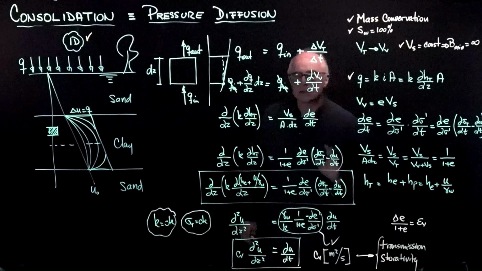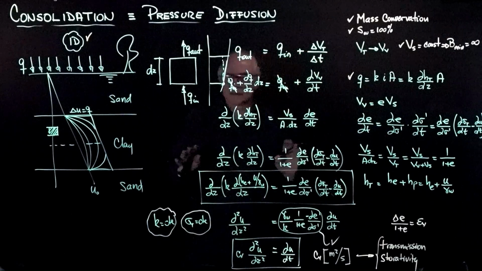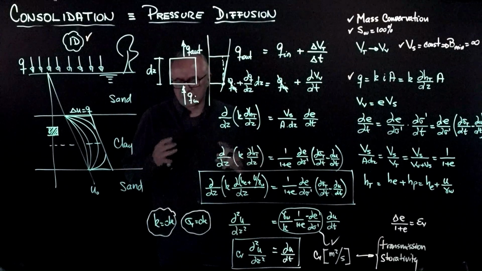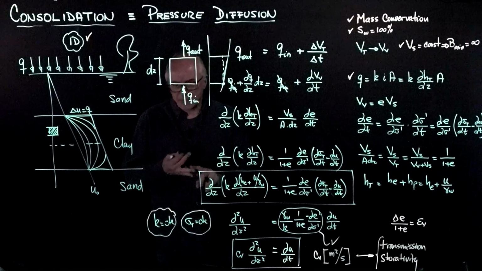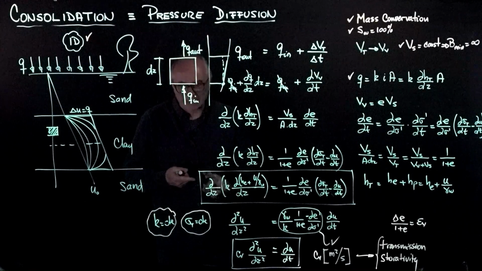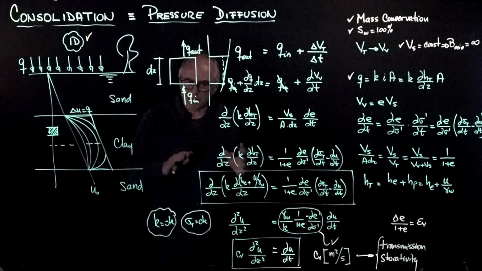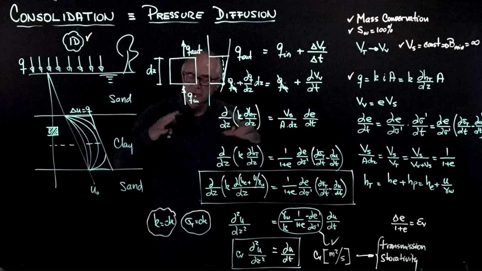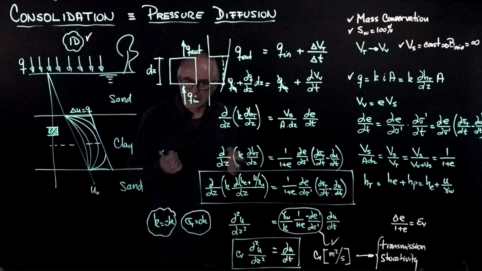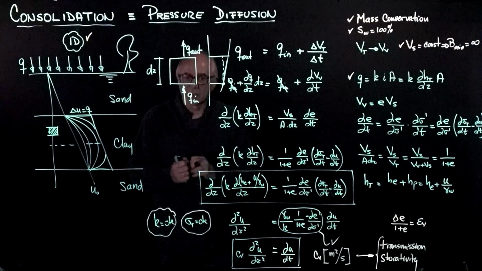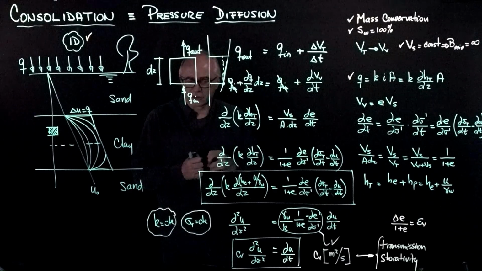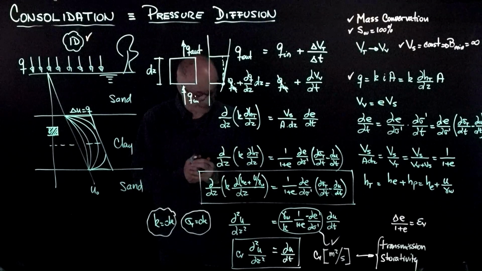This is always the case for diffusion systems: electrical, chemical, thermal, mechanical, pore fluid pressure diffusion. It always combines something related to a volumetric capacity and something related to a transmission or conductivity component.